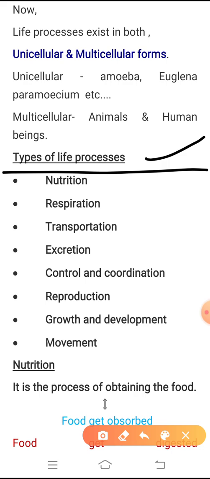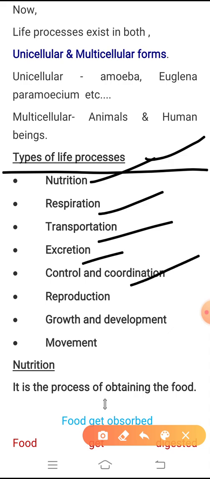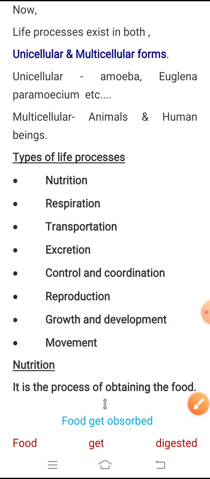The first type of life process is nutrition. We are going to study nutrition, respiration, transportation, excretion, control and coordination, reproduction, growth and development, and movement. These are the types of life processes which we are going to study very briefly, not in depth.